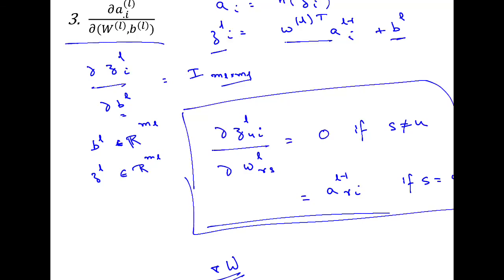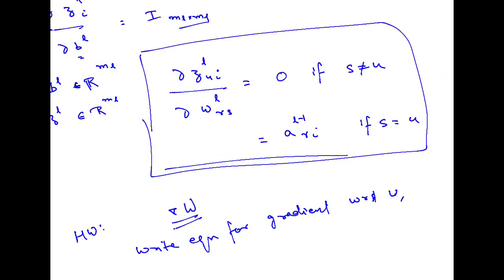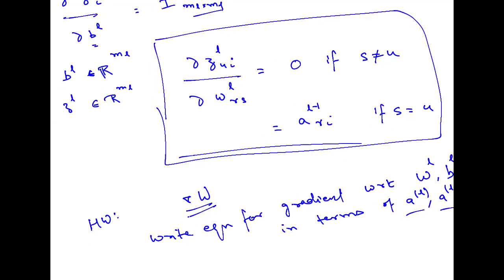In terms of these two, write down the equation with respect to WL and BL in terms of AL and A of L minus 1. Okay. This is ungraded homework.